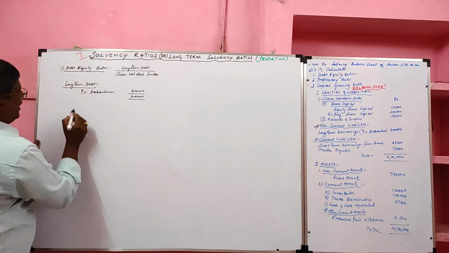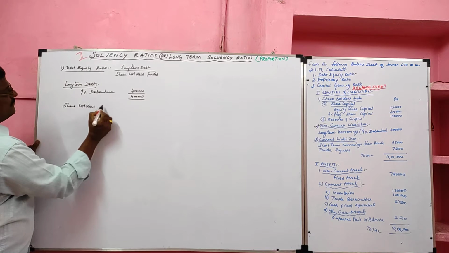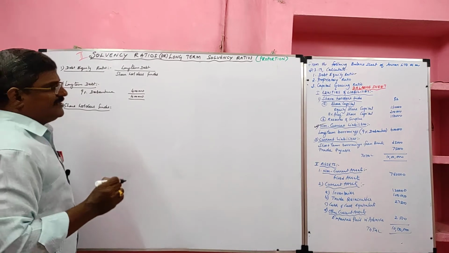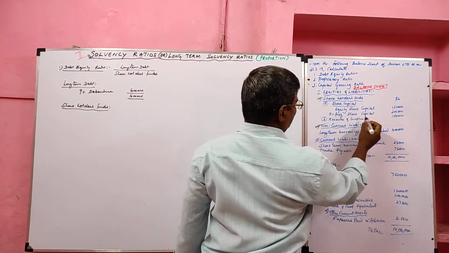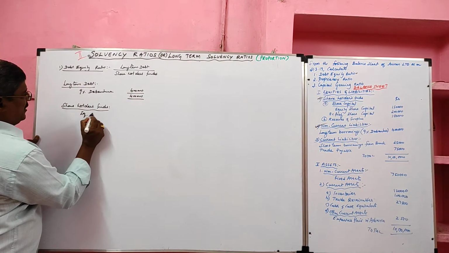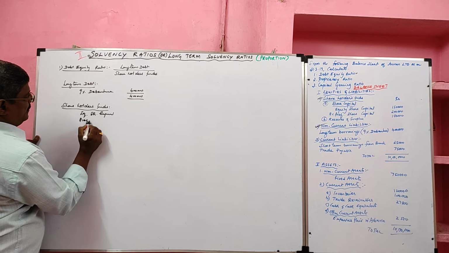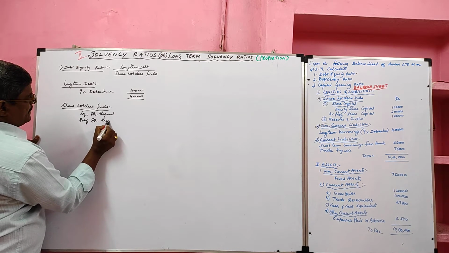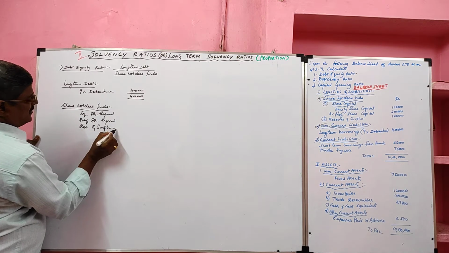Then we have to take shareholders fund. Shareholder fund consisting of 3 items: equity share capital, preference share capital, and reserves and surplus.